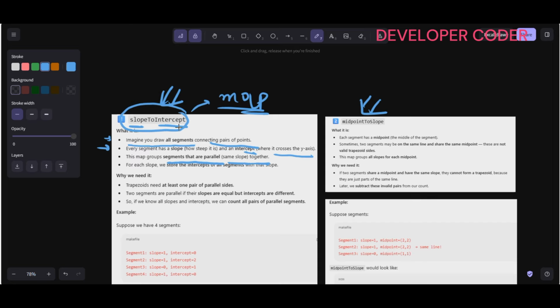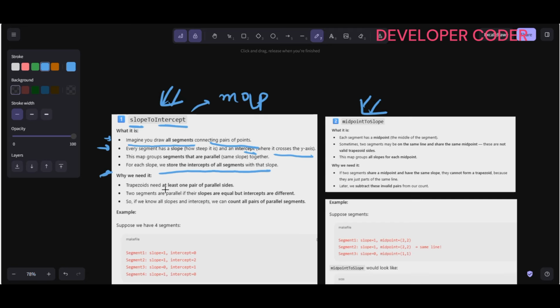For each slope, we store the intercepts of all the segments with that slope.